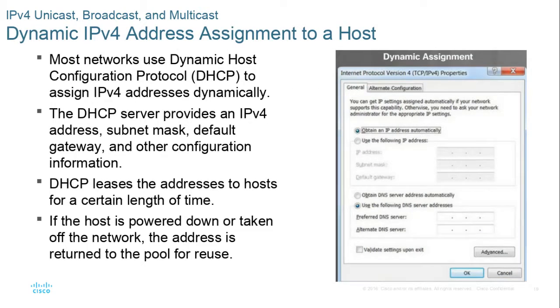But most devices are going to use DHCP. We're going to click that box that says obtain the IP address automatically. By default, when you install Windows or any other operating system, they automatically have that checked for you. And that way the DHCP server will give him his address and information: his IP address, default gateway, subnet mask and DNS server.